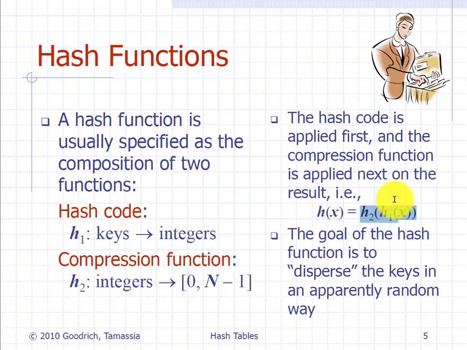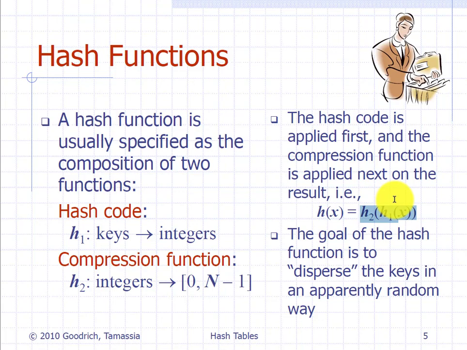But ideally our hash function is one that can uniformly distribute the keys within this range. That means that each key can go into any position in the array with equal probability. That's important. That's the ideal situation. We might never be able to achieve it, but that's our goal.